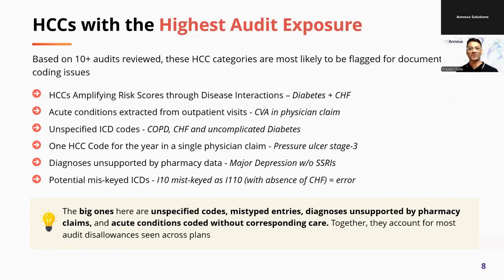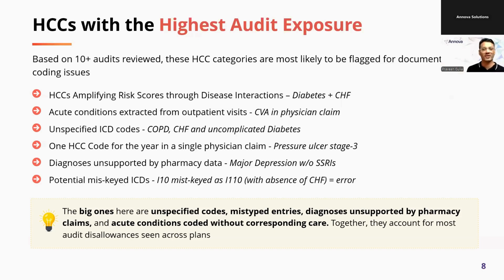Unspecified ICD codes, even though they do not really have a very high risk score, still sometimes these are one-off codes, so it is possible that they are coded incorrectly or are actually not present in the members, right? And they also contribute to disease interaction factors. One HCC code for the year in a single physician claim.